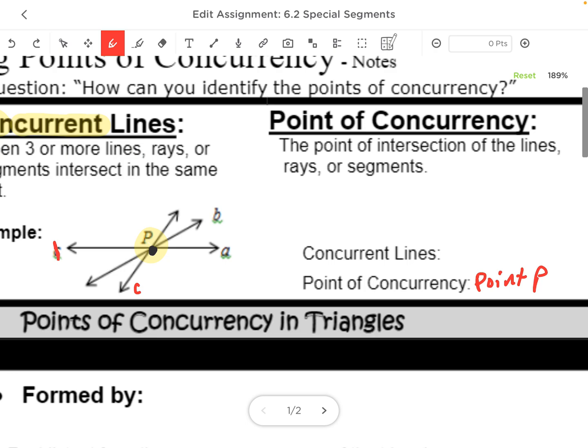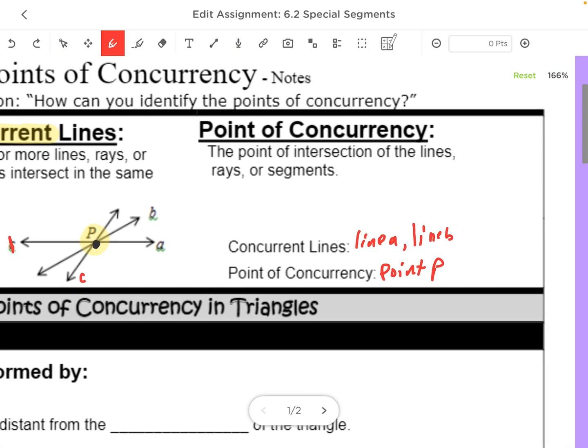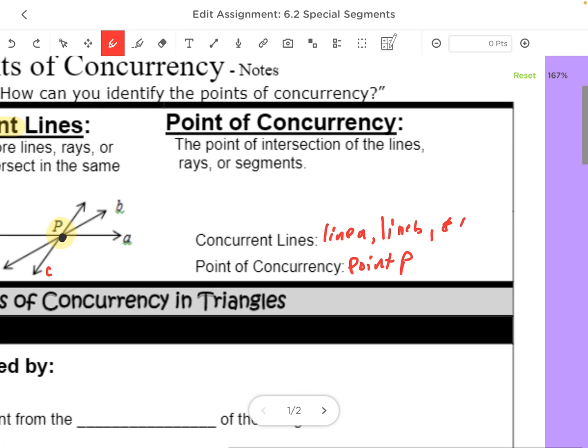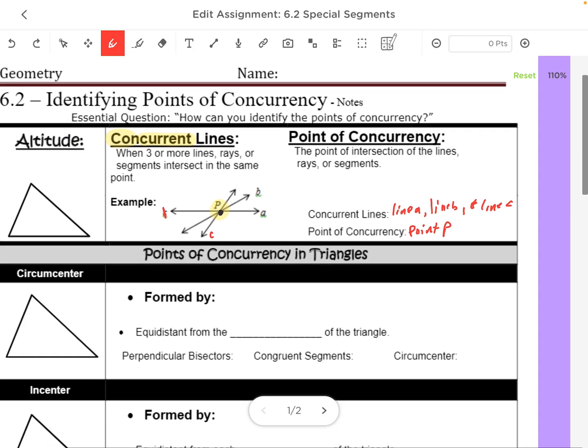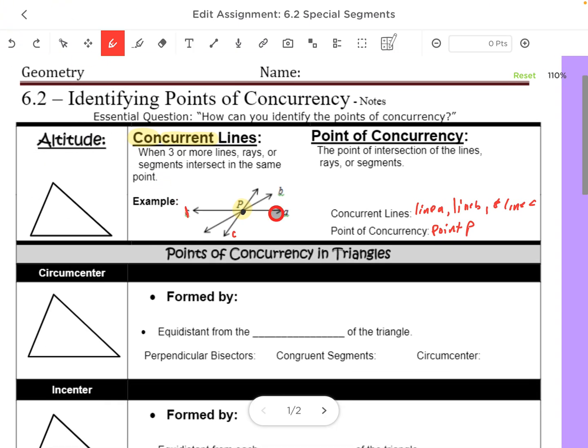So this one we're going to call line A. Then this one is line B, and line C. These are all concurrent lines, so they intersect at the same point. That point of concurrency is where they all meet, so that's going to be point P.